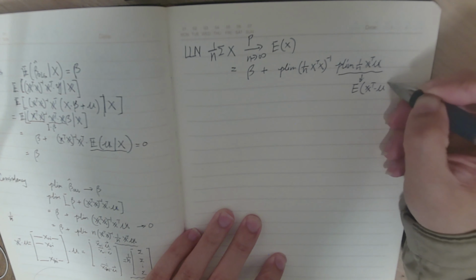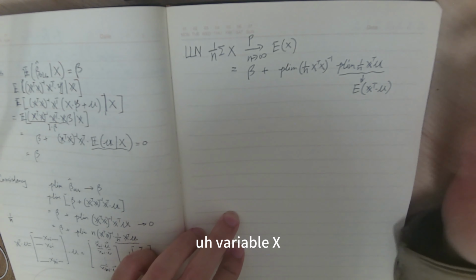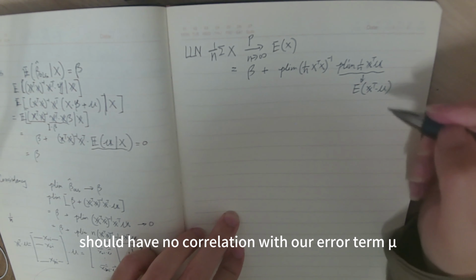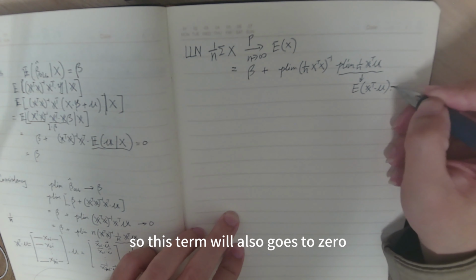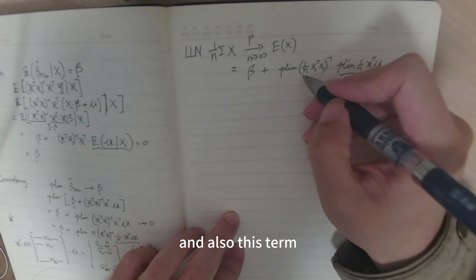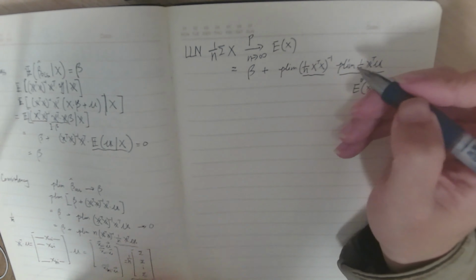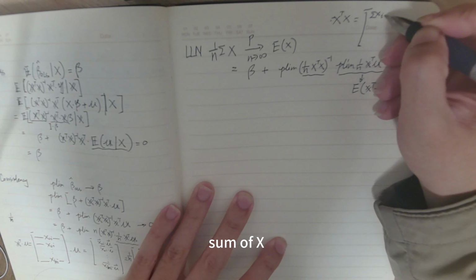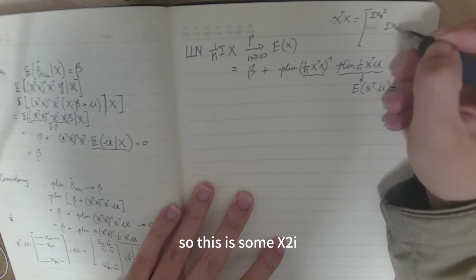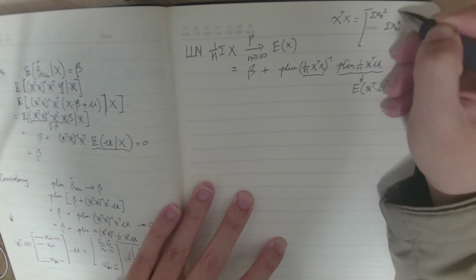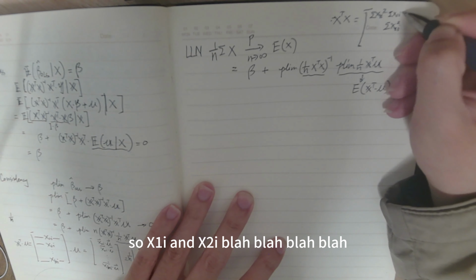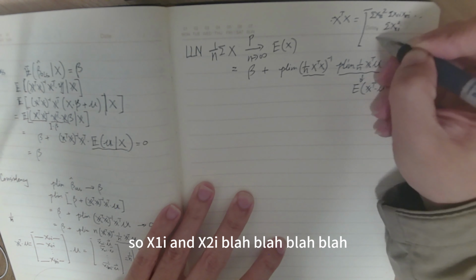Again, based on our OLS assumption, since each individual variable x should have no correlation with our error term mu, this term will also go to 0. And this other term is also some sum of x, if we try to find out each element. So this is sum of x2i, x1i and x2i, and so on.